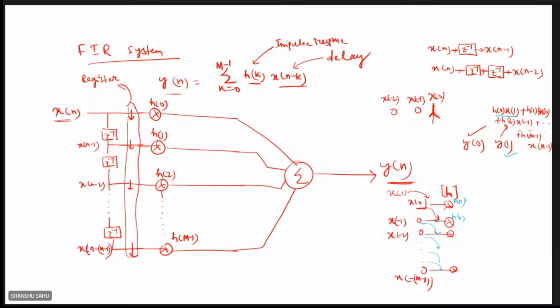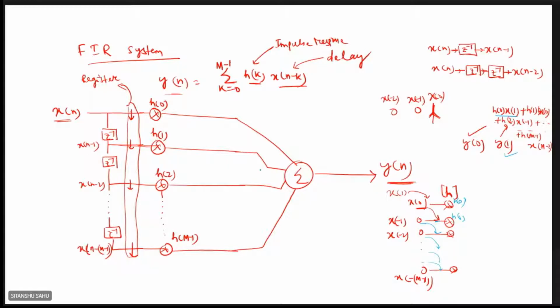Yes. Okay. Then for getting y of 2, what will happen? So y of 2 will freshly come to the first register. Then x of 1 was there in the first, so that will go to the second position. And what was the x of 0 earlier? That will go to the third position. That means 1 unit delay again, right?